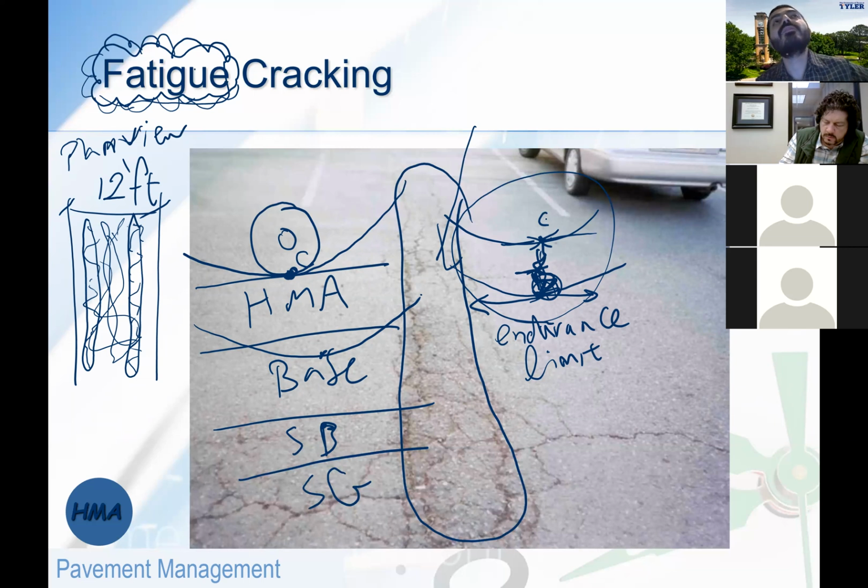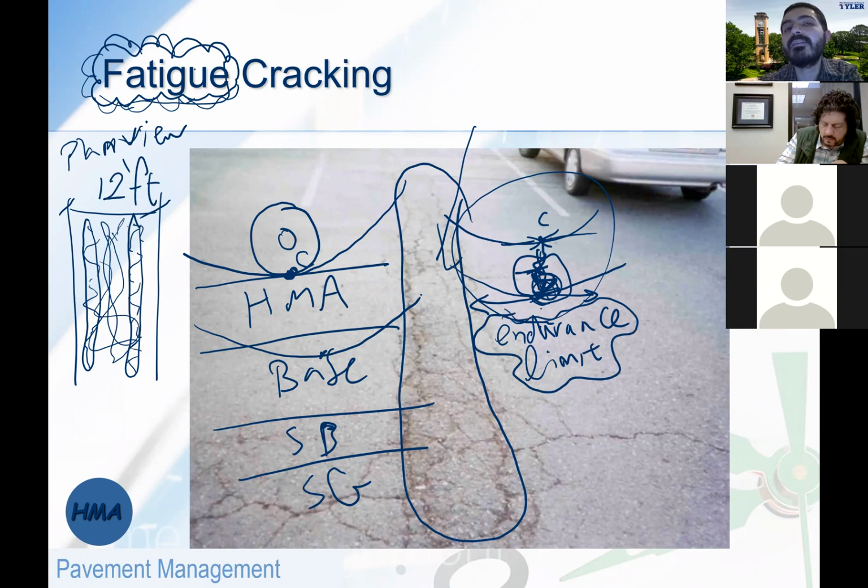So one of the solutions for fatigue cracking is to prevent it. One of the ways to prevent it, which we can talk about later on, is to make a thicker section. If you make a thick section, you're going to improve the tensile stiffness or strength of the hot mix asphalt, because now increasing the thickness or doing other things such as reducing the air void, making the section a little bit stronger, you are going to improve the endurance limit.